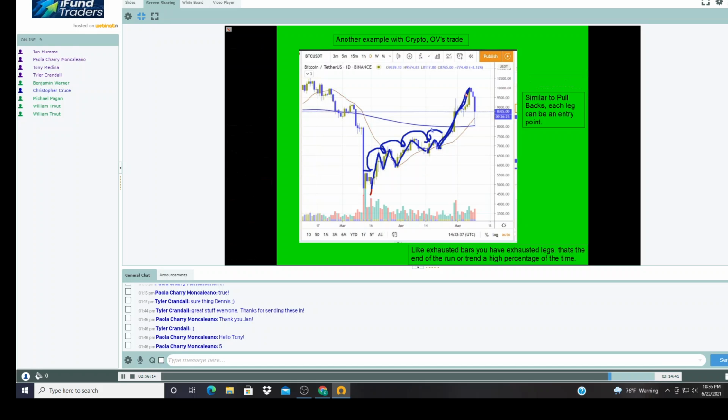Similar to pullbacks. I did the presentation on pullbacks, right? Each leg can be an entry point. If it pulls back, then it has follow through up. You could have entered, put your stop, and let it go up. It comes back, pulls back, and it shows you signs that it's going back up.